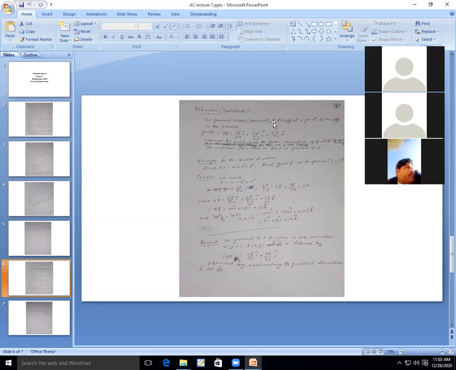The notation del f, ये उल्टा triangle into f, is read as del f or gradient of f. जहाँ कहीं पे आप ये notation देखें, this means gradient of f or del of f.